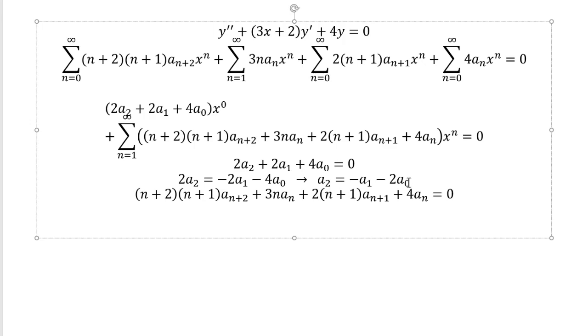Or another way, you can say that since second order differential equations have two free parameters, these will be the two free parameters, okay, which can always be changed to match any initial value problem given, okay? So it's a good thing. So we can treat a0 and a1 as some known values in the future if the initial value problem is given. And therefore, it makes sense to solve a2 as expressed in a1 and a0.